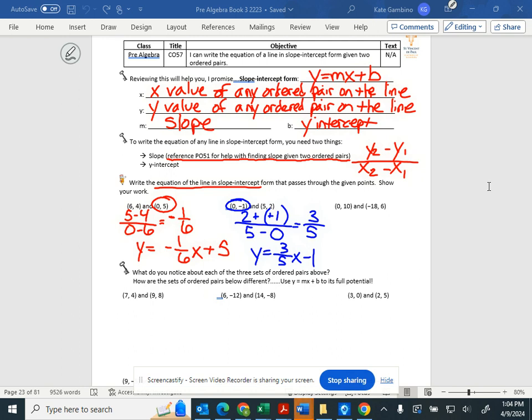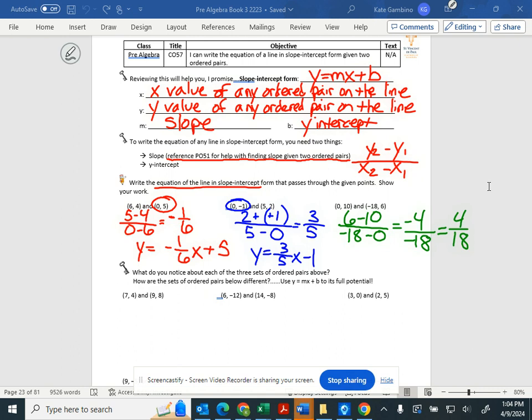Lucas, so you start with 6 minus 10 over -18 minus 0. What does that equal? That equals -4 over -18. He's not done. Oh, you're not done.